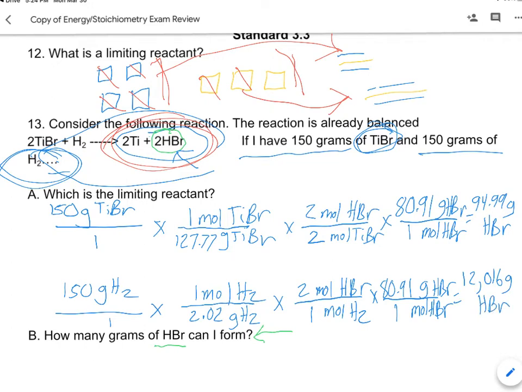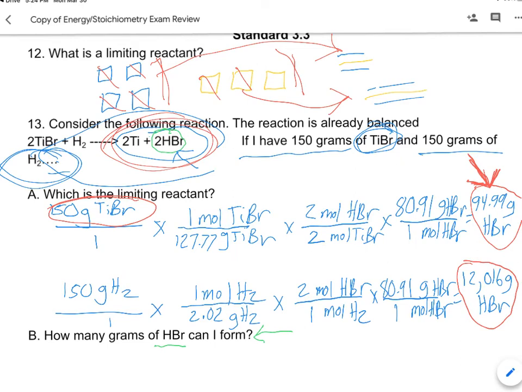So with 150 grams of titanium bromide, I could make 94.99 grams, and with 150 grams of hydrogen, I could make 12,016 grams. So now I need to say, well, which one of these is smaller? That one's smaller, right? So that means that the titanium bromide was my limiting reactant in this problem because it made less.